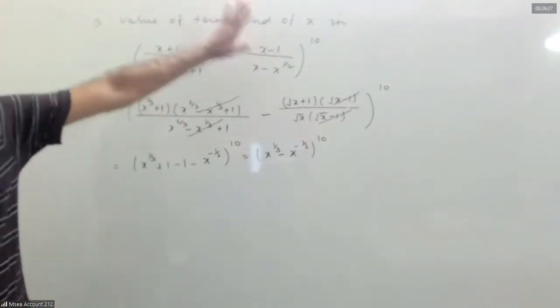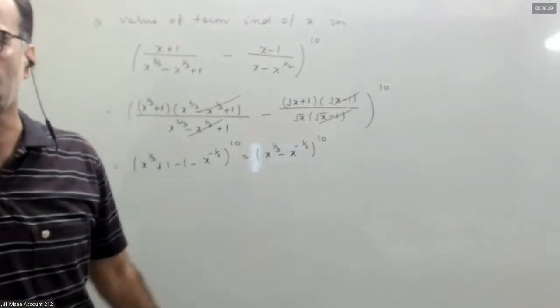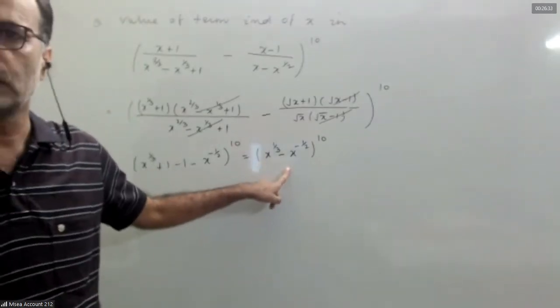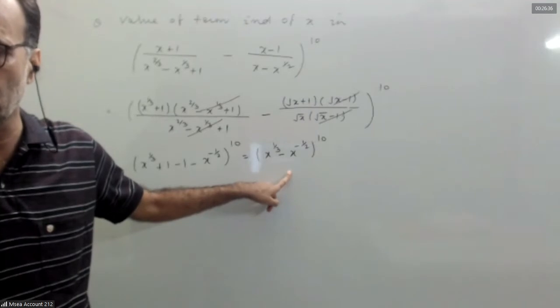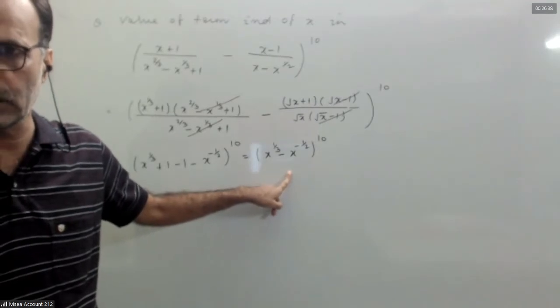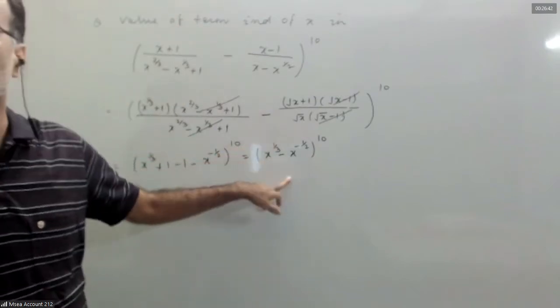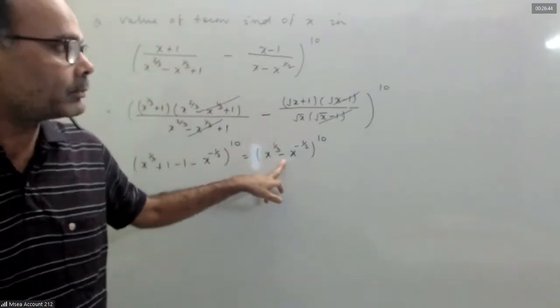Up to here, there is no binomial theorem. It's just simplification, algebra. Now, same method: let the r plus 1th term be independent of x.